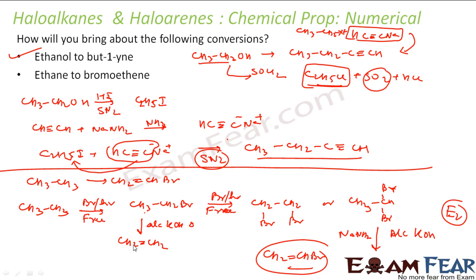Once you have got this, you can add HBr here. Sorry, you can just add HBr in this, so you'll get CH3CH2Br. So that's how you get it.